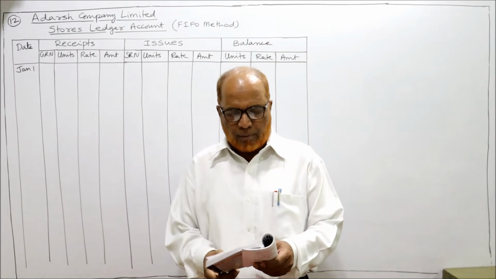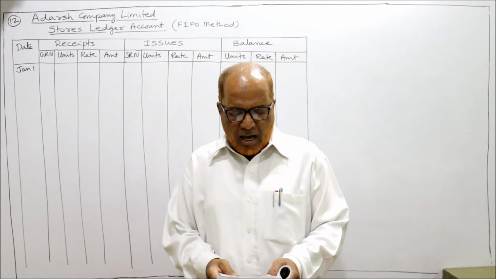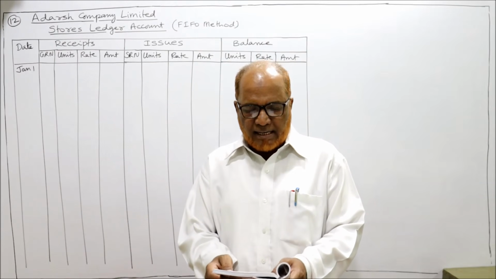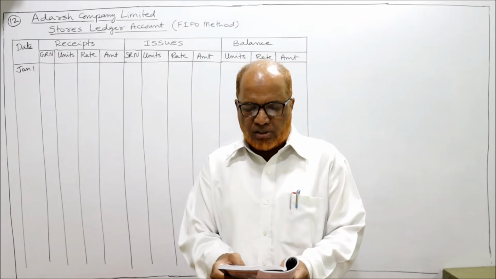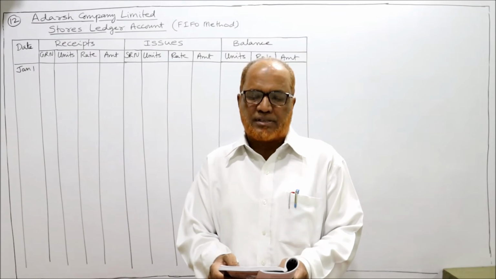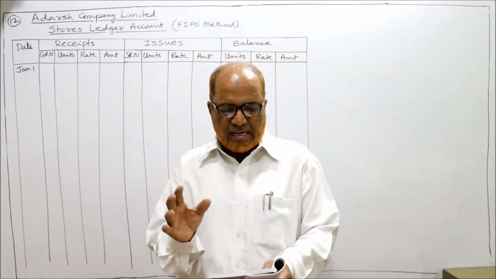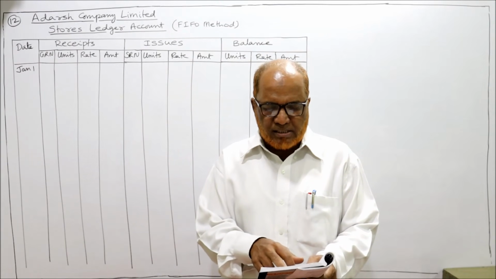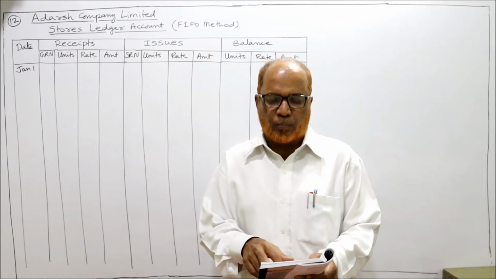See the 12th problem. The 12th problem says Adarsh company purchased and issued material in the following order. Here the data is given: units, unit cost, then issues, receipts. So on 1st January there is a purchase of 300 units at 3 rupees.